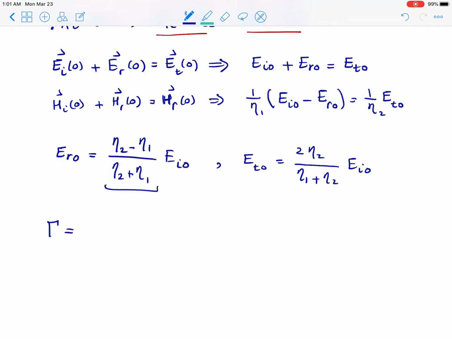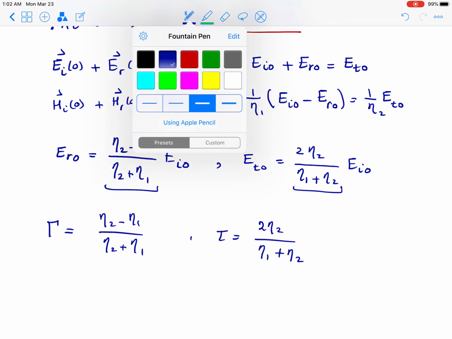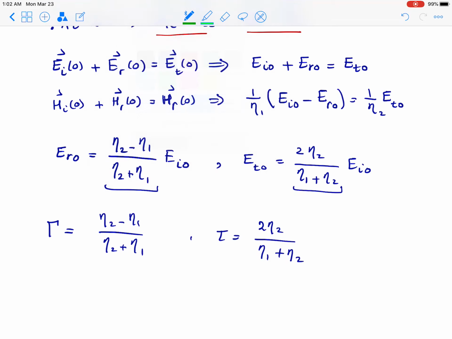So this term is defined as the reflection coefficient gamma, and this term is known as the transmission coefficient tau. These two equations are very important, so let me put them in a box here.